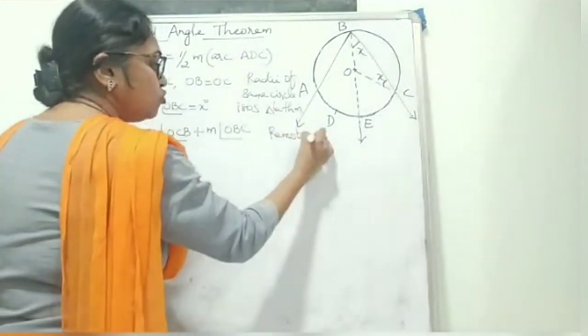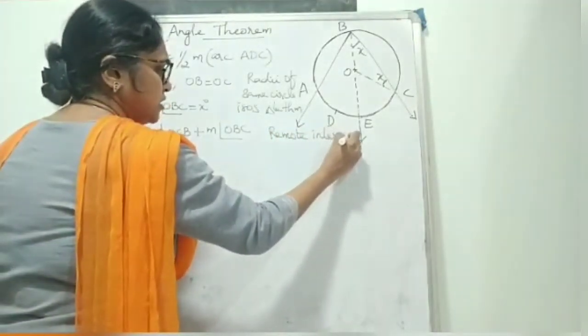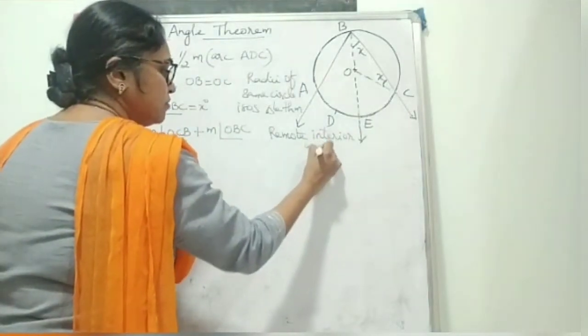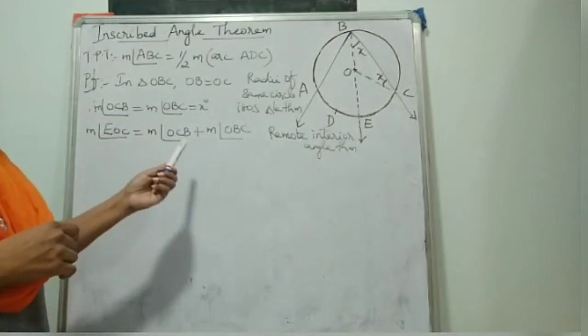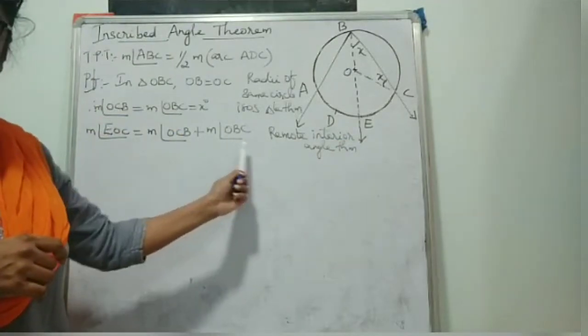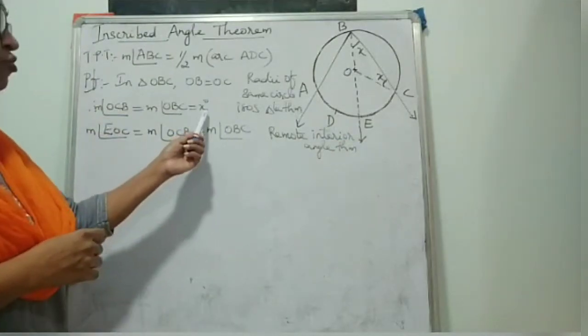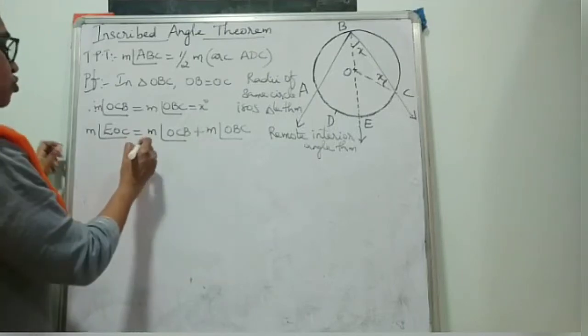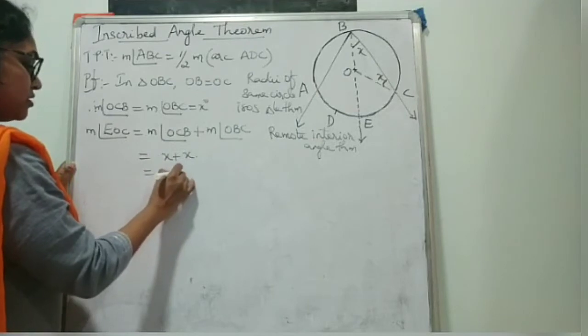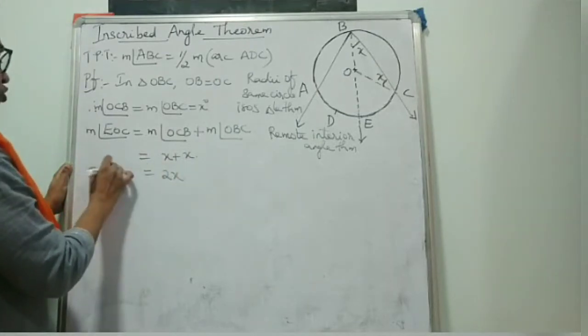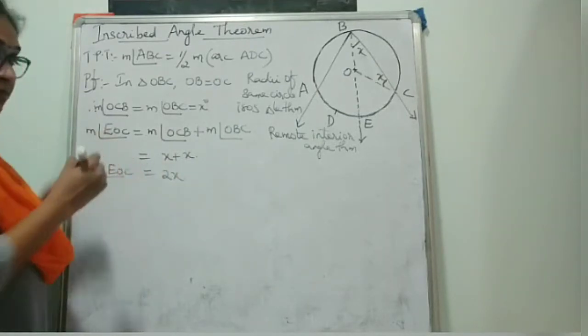So according to the remote interior angle theorem, the measure of the exterior angle is equal to the sum of the remote interior angles. Now we have assumed those angles as X. So this will be equal to X plus X, which is equal to 2X. So this is the measure of angle EOC.